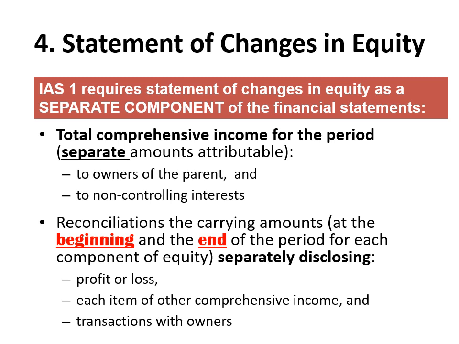So these three items should be disclosed separately to show which item is concerned with profit or loss, which item should be dealt with under comprehensive income, and the last one, which item is concerned with transactions with owners.